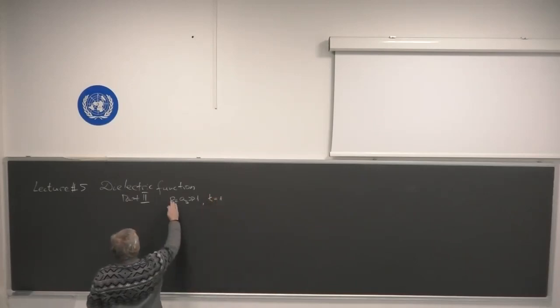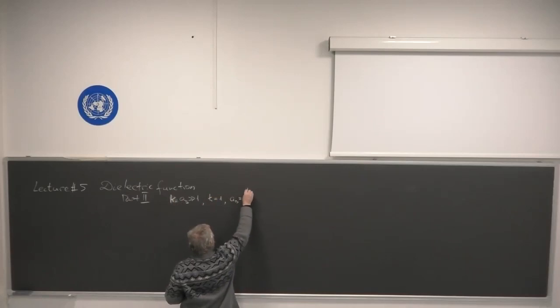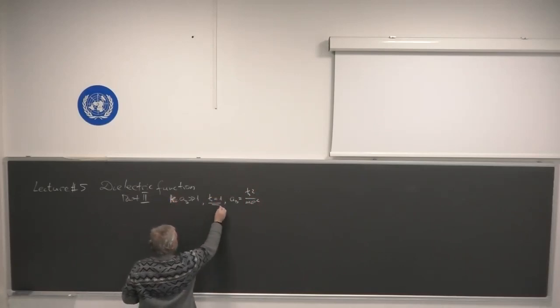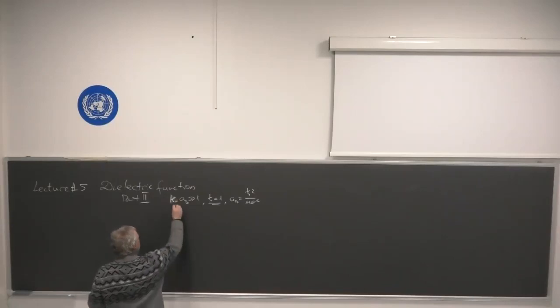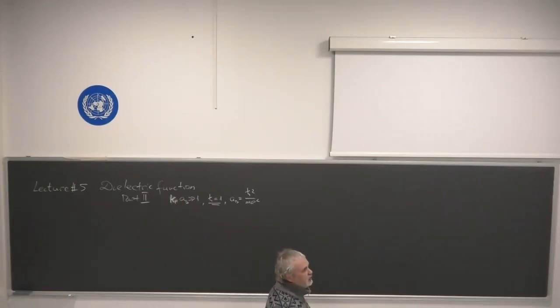In principle, I should write k_F a_B, and the Bohr radius a_B is h squared over m e squared. So this is the limit, and of course, if h bar is equal to 1, I don't discriminate between k and p. This is a high density limit, and as long as this limit is fulfilled, it is legitimate to consider Coulomb interaction as a perturbation.